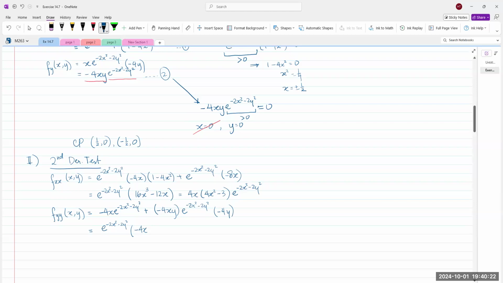The second term is plus 16xy squared, which means I can factor the negative 4x out: negative 4x times (1 minus 4y squared) times e to the negative 2x squared minus 2y squared.